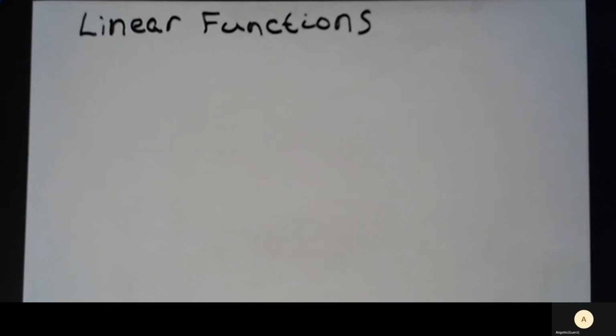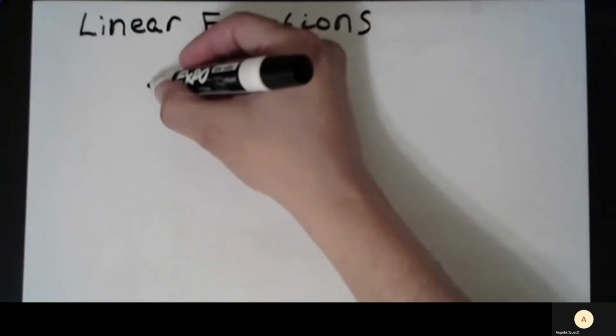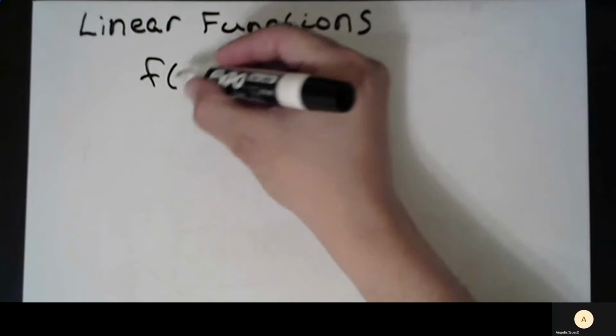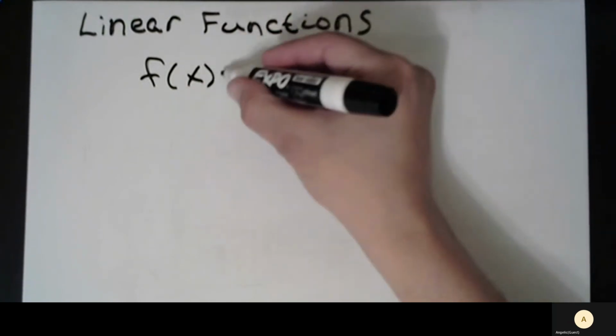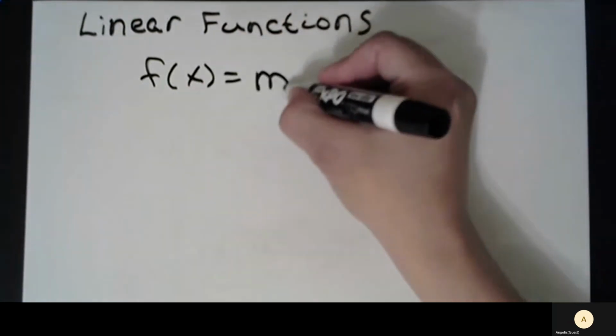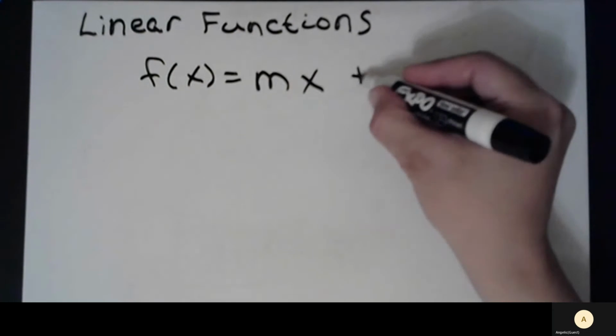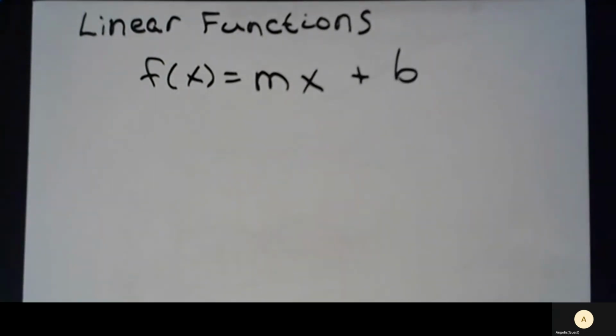Now, what are linear functions? They're functions that look something like this, where m and b are constants.